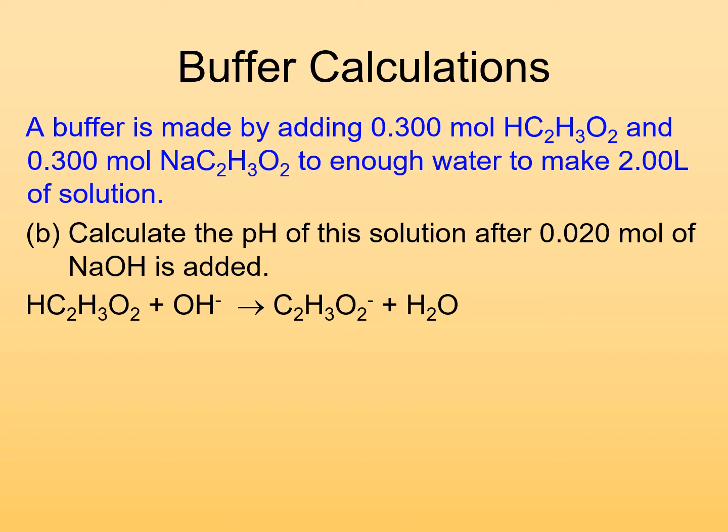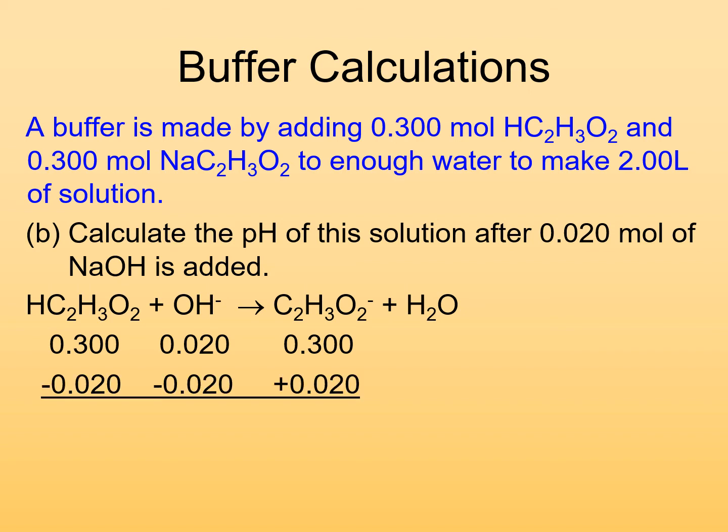And look at the initial amount. So it tells us how much acetic acid we have initially and how much acetate ion we have initially. And it says that we're adding 0.02 moles of hydroxide, which is also an initial value. Well, since we are absorbing the hydroxide, we are reducing on the reactant side and adding to the product side.